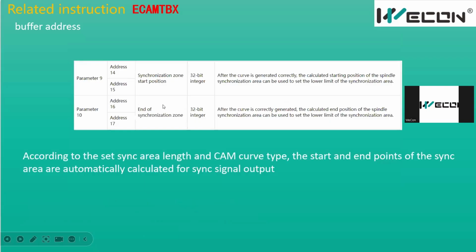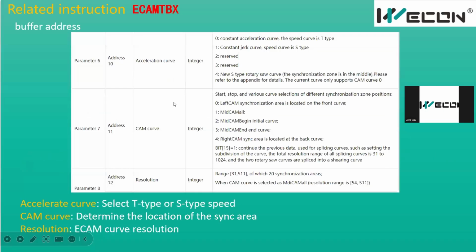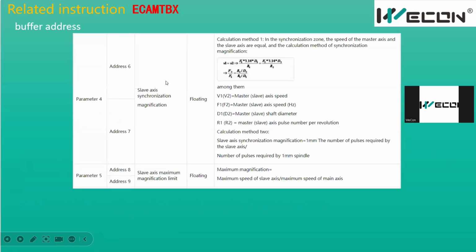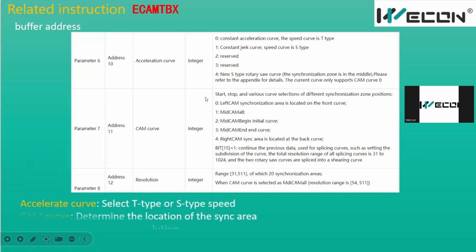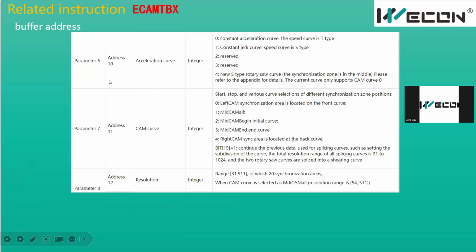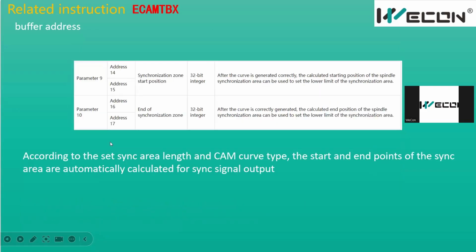And the last parameters are the sync area start position and the sync area end position. These two parameters we don't need to set, because after we set parameter 1 to parameter 8, parameters 9 and 10 will be calculated by the PLC.